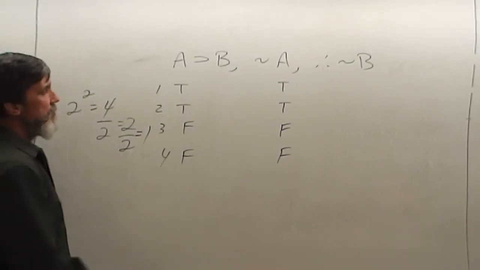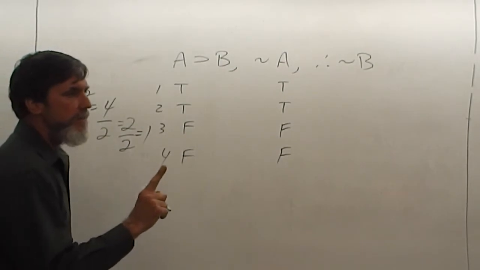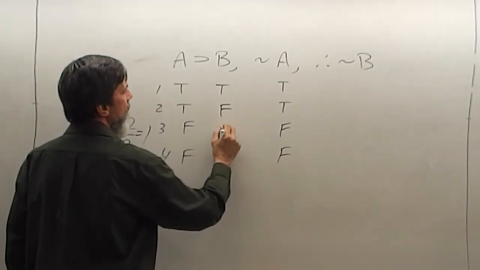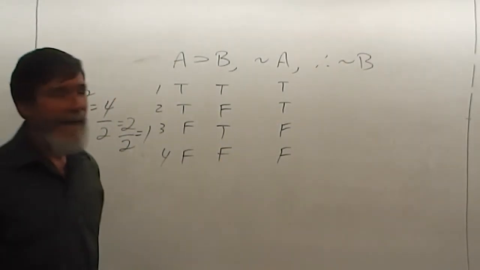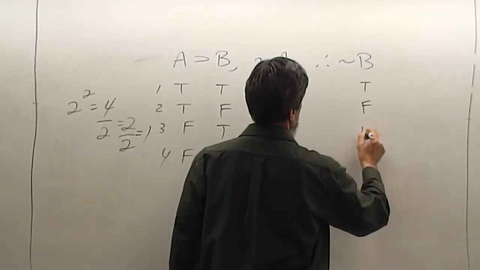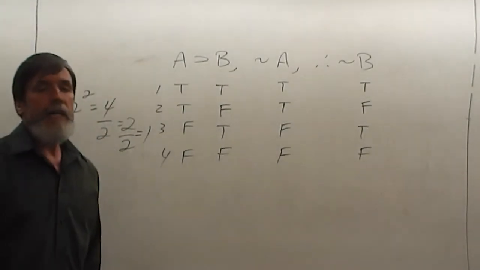So B's column alternates T's and F's by 1, always beginning with T. Now we reproduce that under the other occurrence of B. Those are our initial guide columns.